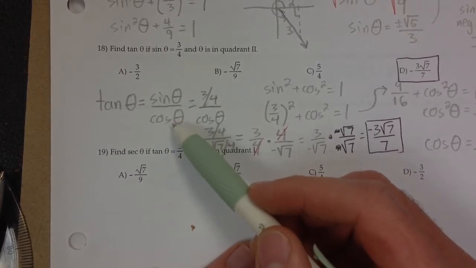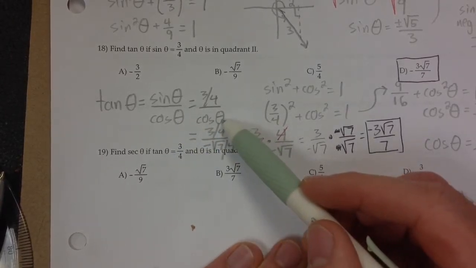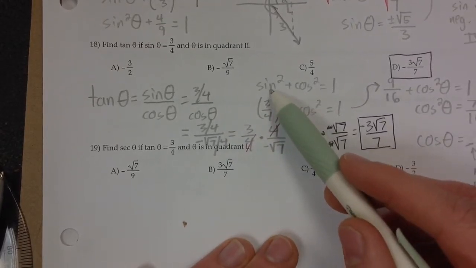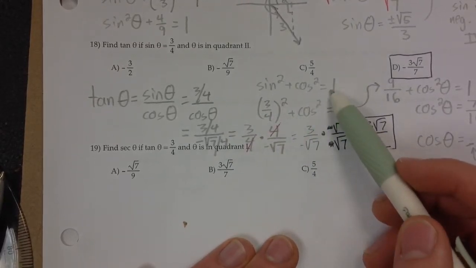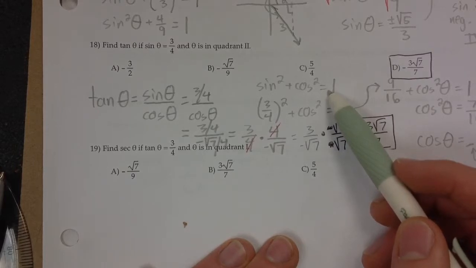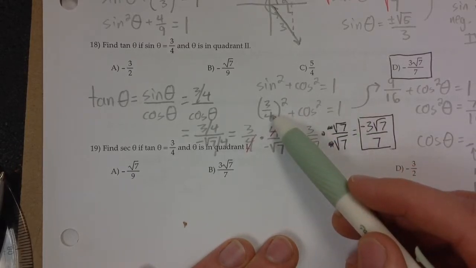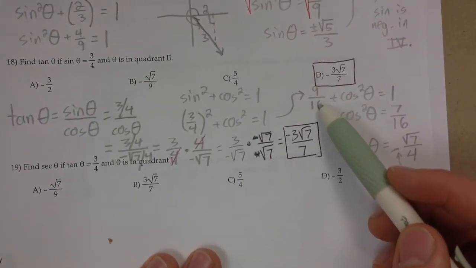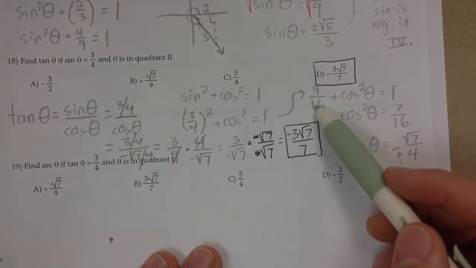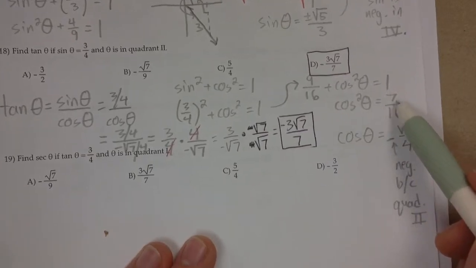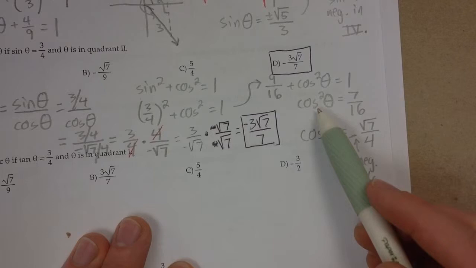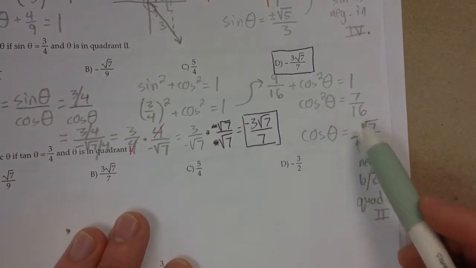Now you have to find the cosine puzzle piece. You have this other tool, sine squared plus cosine squared equals 1. Plug in for sine. Square that. It's 9/16. Subtract 9/16 from 1. It's 7/16. Square root to get to cosine.